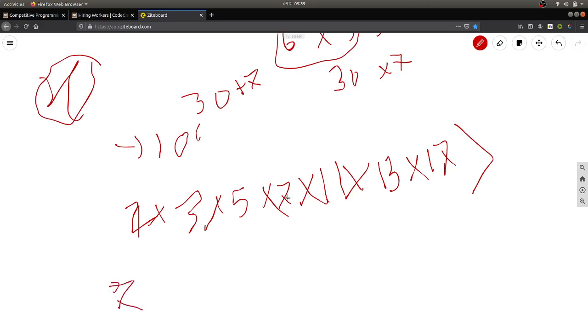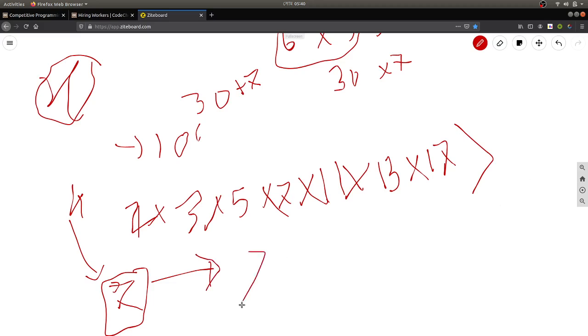So if k is smaller than that, so k has to be smaller than 7. Then in these 7 numbers we can write a brute force and see in which way we get the minimum.